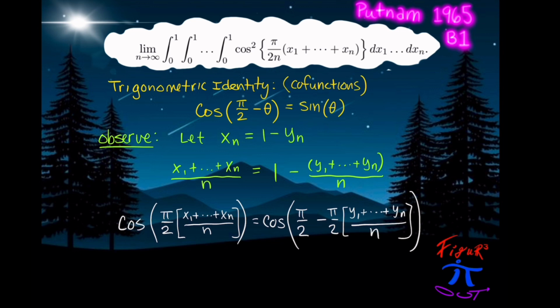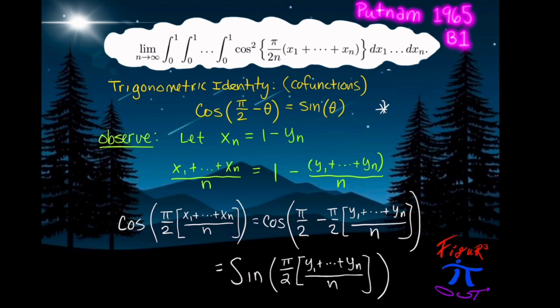Now we take a look at the trigonometric identity of the cofunctions here, and we can make a substitution. We can let this equal the sine of pi over 2 times y1 plus all the way up to y sub n over n.